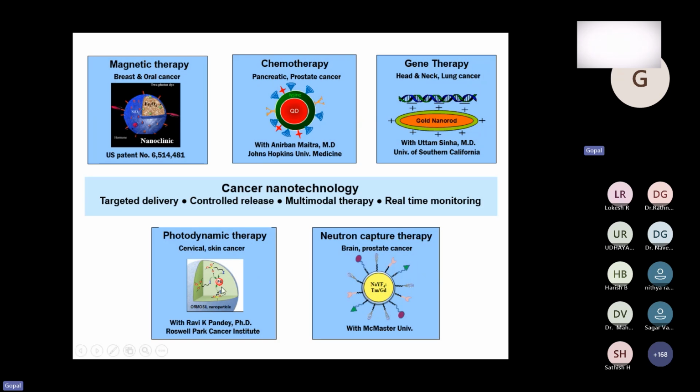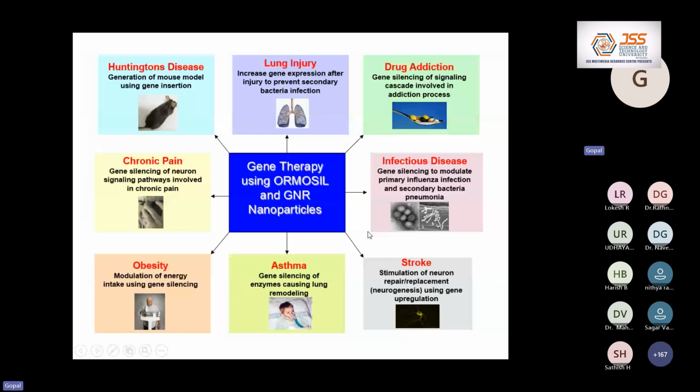For all these things, one has to make a nanostructure. In most of the cases, the gold nanoparticle is sitting everywhere. Quantum dots and other things, and gene therapy using hormonal and GNR nanoparticles. See, from Huntington's disease, lung injury, drug addiction, then chronic pain, infectious disease, obesity, asthma, stroke. For everything, gene silencing of enzymes causing lung remodeling.